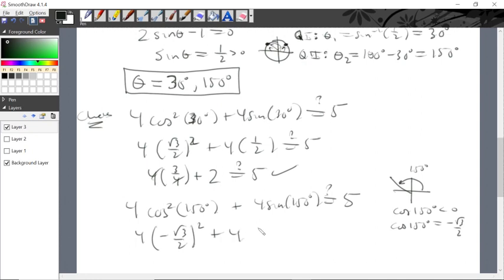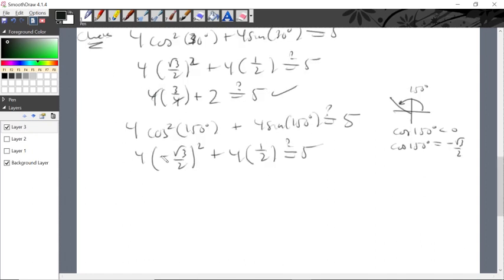Now the sine of 150 degrees is exactly the same as the sine of 30 degrees. In quadrant 2, the sine is positive. So the sine of 150 degrees is positive 1/2. Negative root 3 over 2 squared is also equal to 3/4, the same as positive root 3 over 2 squared was equal to 3/4.